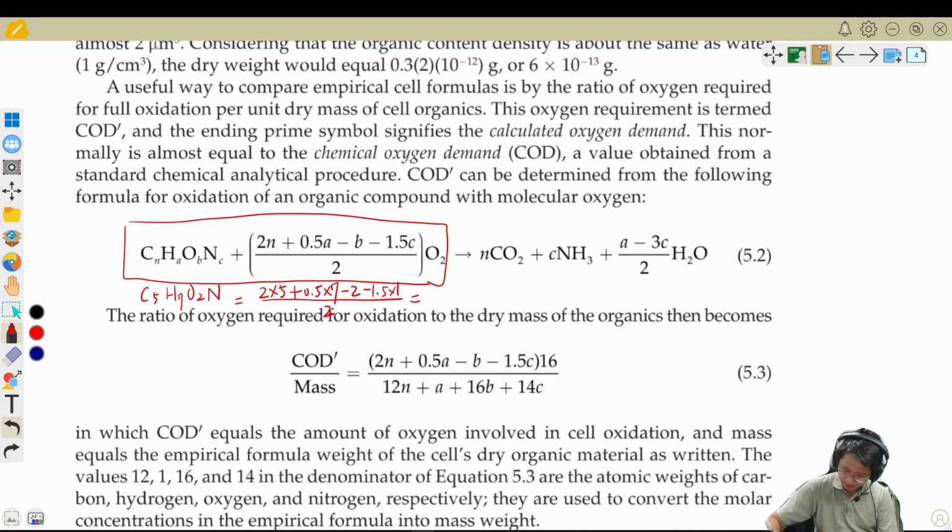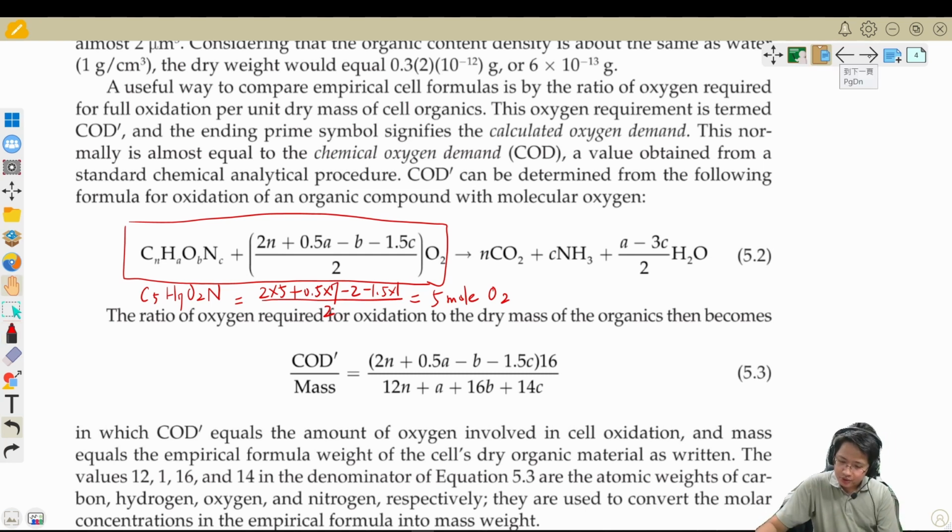So basically it's 5 moles of oxygen you will require to completely convert the biomass to COD.